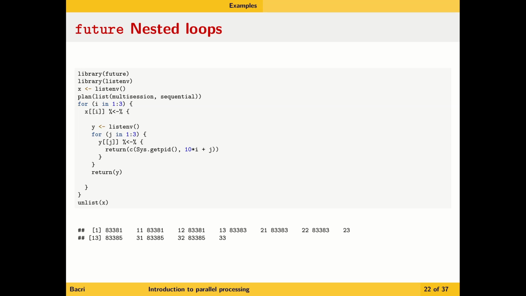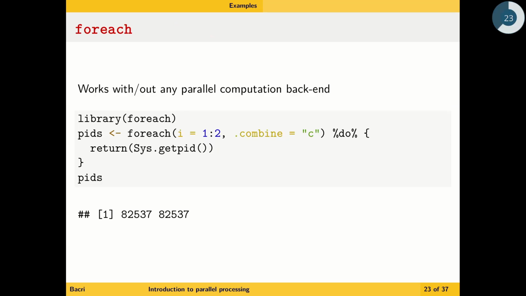So a way to make this more pleasant is to use a tool called foreach loops. By default, they can work with or without any parallel processing. The idea is that the for loop will be a function that will return the result, and you can define how those results will be combined.